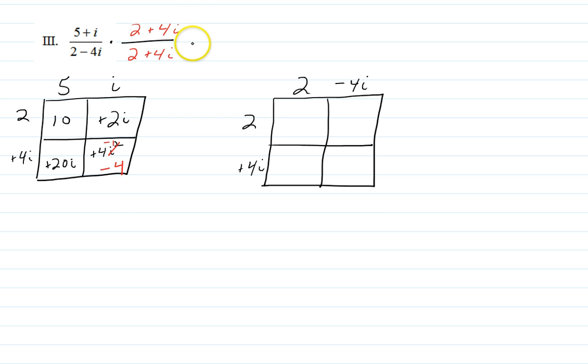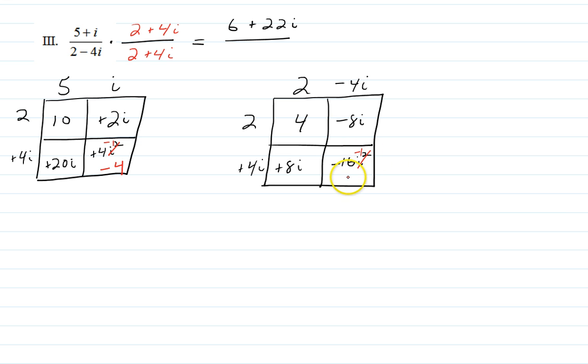So on top, that's going to become 10 minus 4 is 6, and then 20i plus 2i is 22i. And then on the bottom, so 2 times 2 is 4, minus 8i plus 8i minus 16i squared. i squared becomes negative 1.